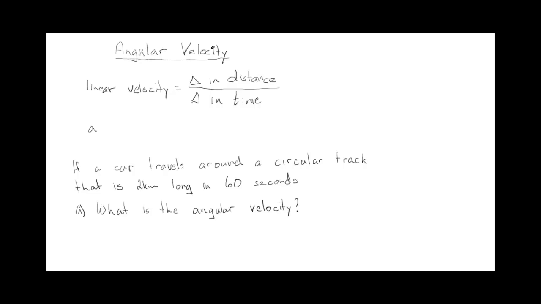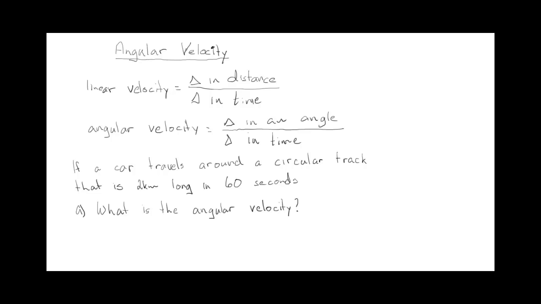So it's the change in an angle over the change in time. This would only apply to a case where something's moving sort of in a circle, or like an angle is changing.